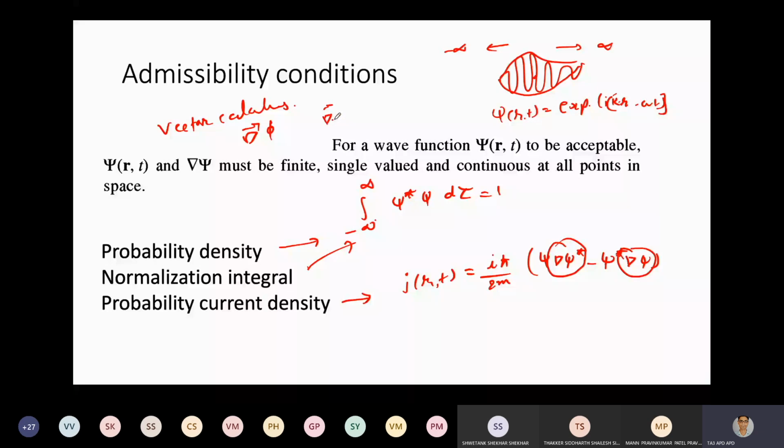If you see all these definitions, they have one thing in common: the given function should be finite, single valued, and continuous at all points. So this is a very simple definition of the admissibility condition for the given wave functions.